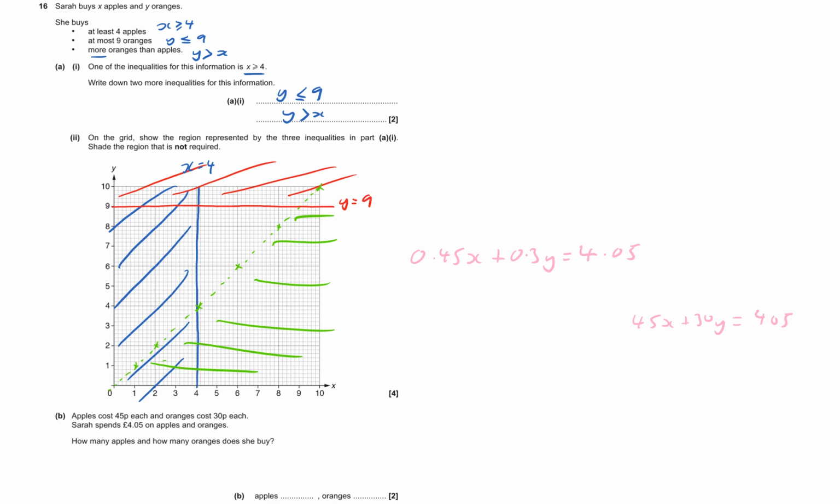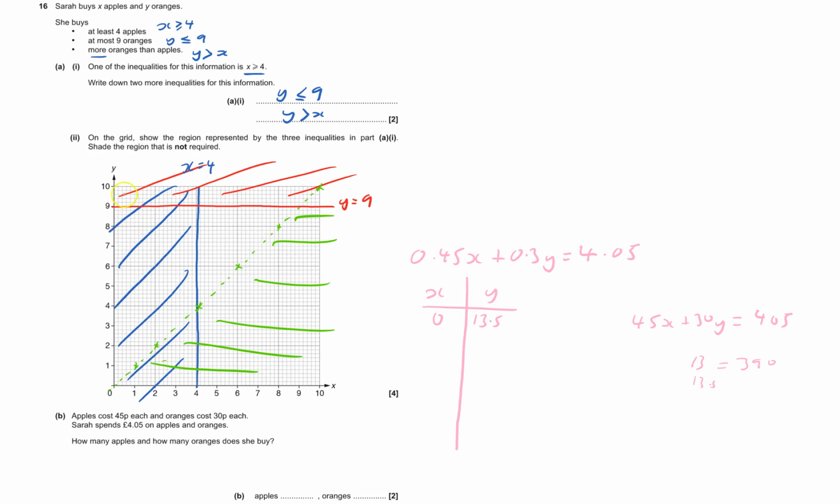And what I want to try and do is actually put some points onto there. So I'm going to have x and y, and normally if x is 0, then y would be, if x is 0, that'd be nothing here. How many lots of 30s get them up to 405? Well, 10 would get me up to 300, 11 would get me 330, 12, 360, 13 would equal 390, so it'd be 13.5.